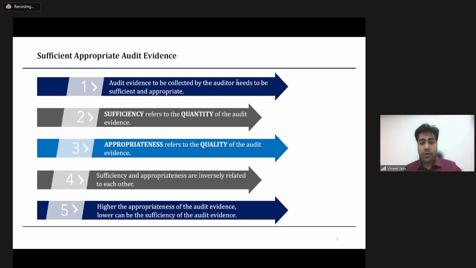In order to verify the bank balance appearing in the financial statements, we as auditors send an external bank confirmation to the client's bank, and we ask the banker to confirm the balance as of March 31st or whatever is the closing date of the audit, and then we ask them to sign it and directly send it to us.